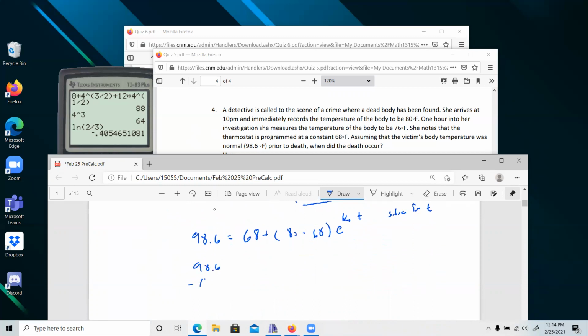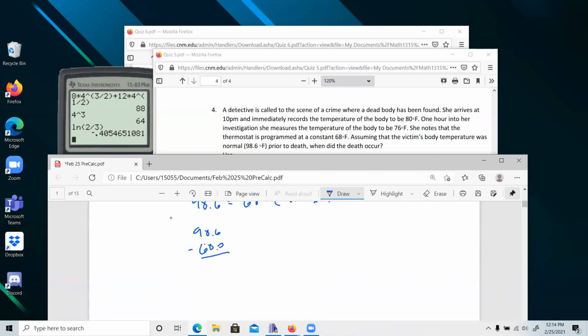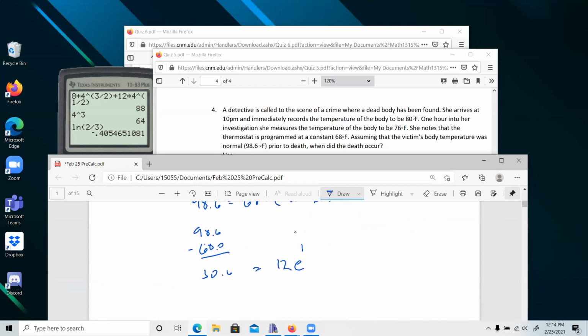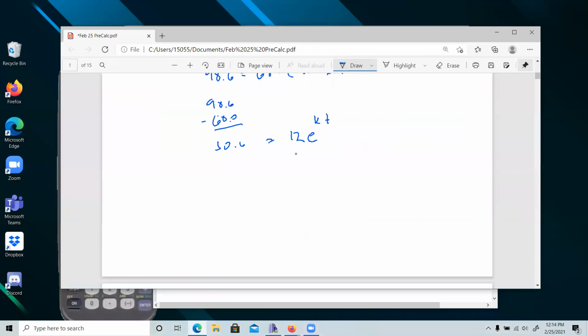So we're going to say this is 98.6 minus 68. That's just going to be 30.6 here, is equal to, and 80 minus 68, that was still 12, e to the k0 t. Let's go ahead and divide both sides here by 12.